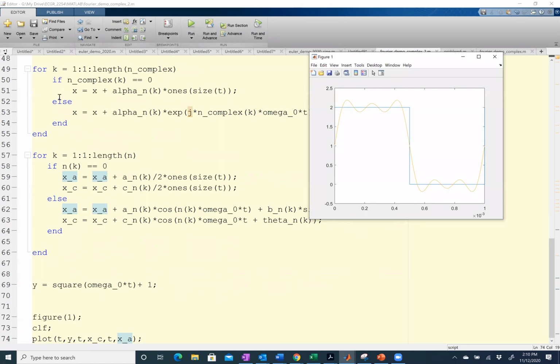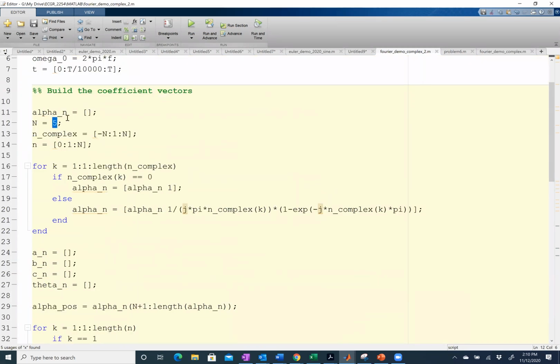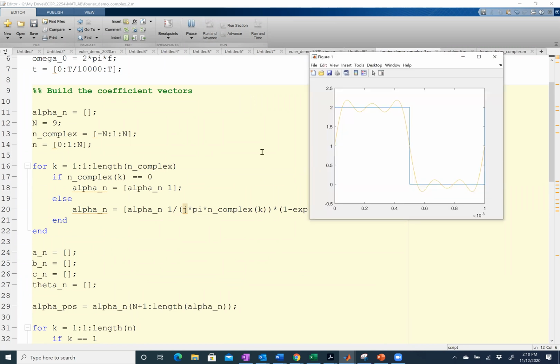If I change the n here, that'll change it. So I'll make it 9, and it'll get closer. There it is. There are 3 things sitting on top of each other in the series. That's really all there is to it.